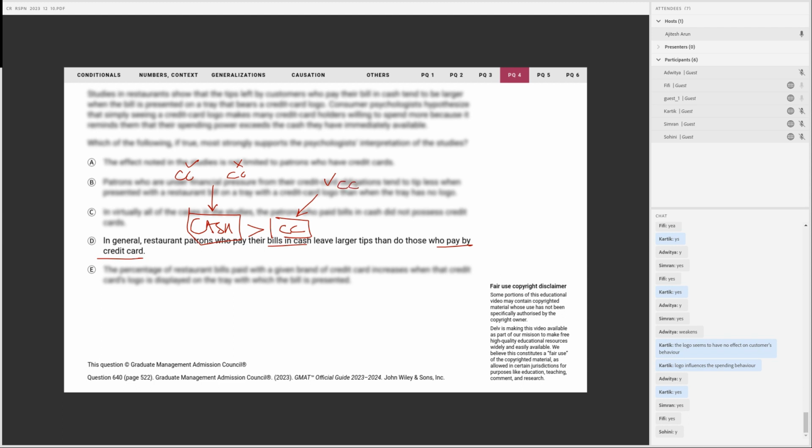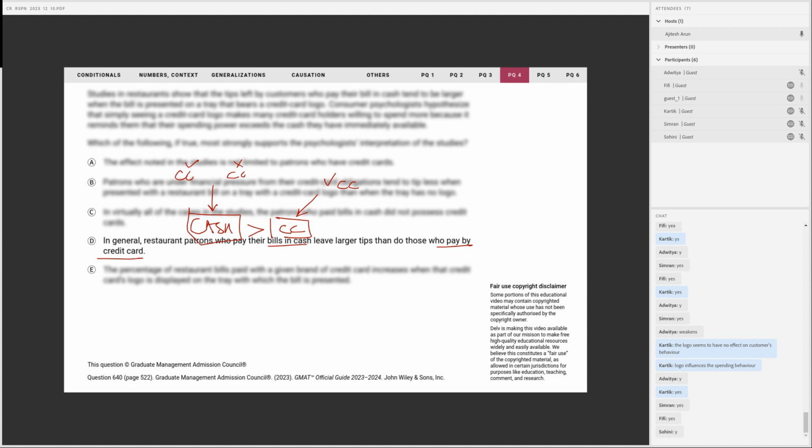So what D is telling us is those who pay their bills in cash, that means those who may or may not have a credit card, leave larger tips in general than those who definitely have a credit card. So, if we really stretch, this could mean that the people who definitely have or who are more likely to have greater spending power, they leave lower tips than those who pay by cash. So, in a way, option D might weaken. Now, I'm not saying that we have to look at it this way. I'm just saying that it's a possibility.